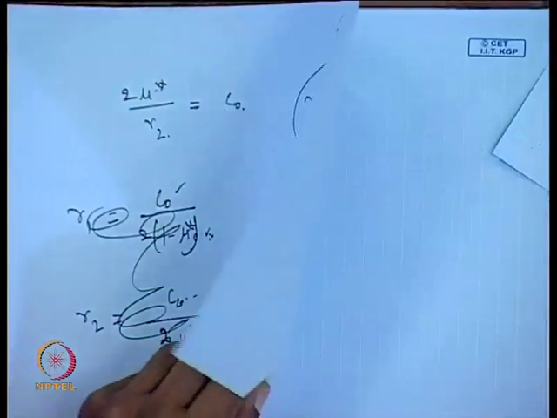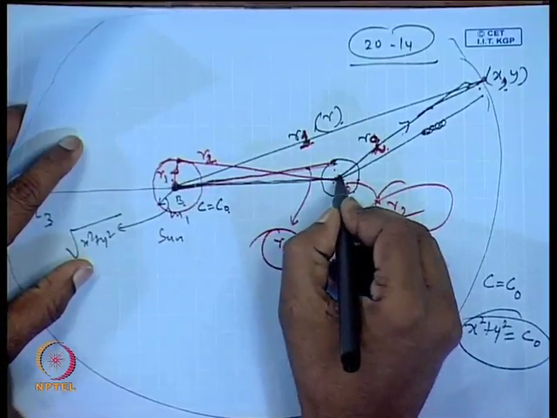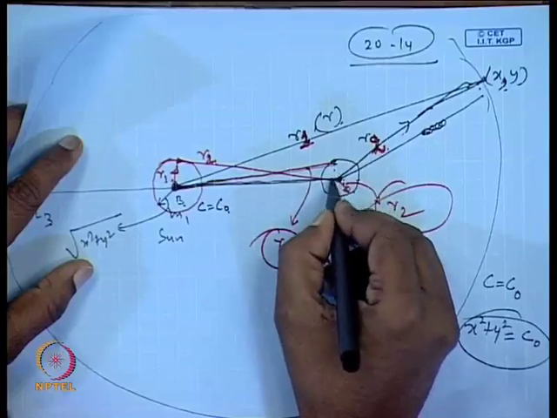So, we have not shown it to scale in this figure, but this is a circle of a larger radius, and the circle of this one will be very, very small.